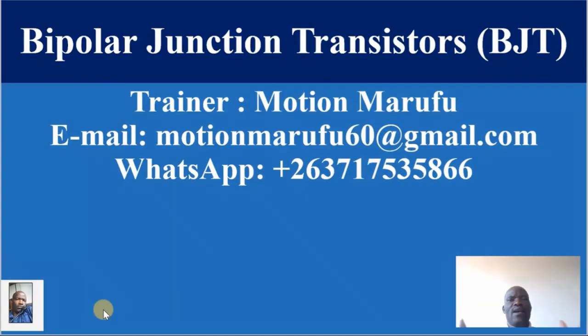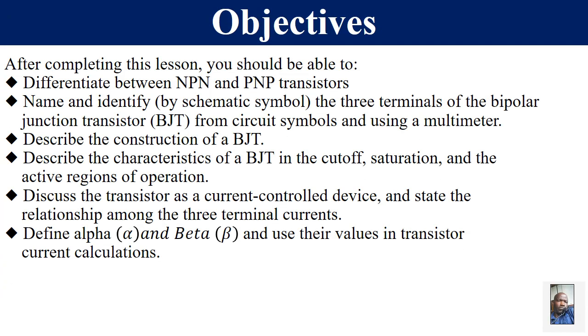Let us go. Under objectives, guys, by the end of this video or presentation, you must be able to differentiate an NPN from a PNP transistor. You must also be able to name and identify the three terminals of the BJT from the schematic symbol, and also using a multimeter. Then you must be able to explain with the aid of diagrams the construction of BJT, both NPN and PNP.